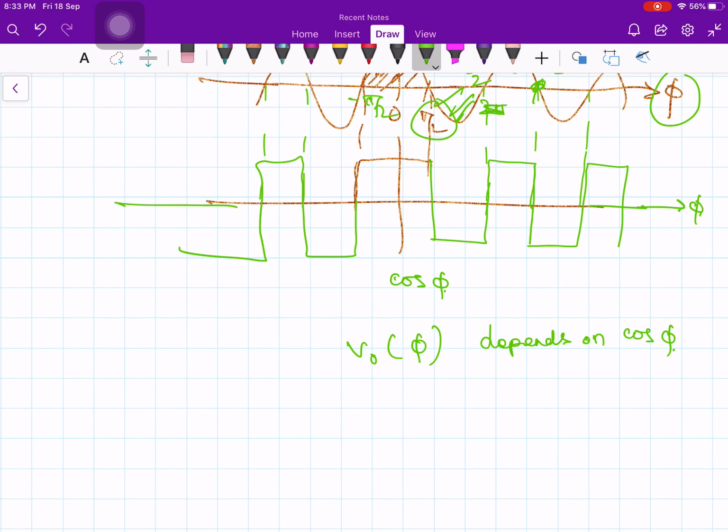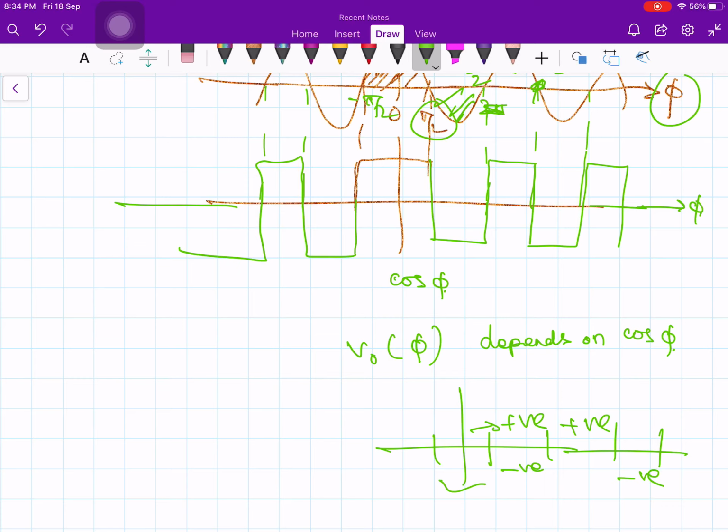So cos phi is greater than 0 for half the time, that is, as phi goes from 0 to 2 pi, and it is less than 0 for the other half of the time. Okay, for a cycle, half of the cycle it is positive and half of the cycle it is negative, and again for half of the cycle it is positive and half of the cycle it is negative.